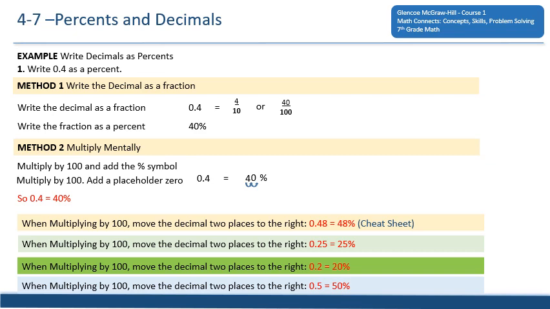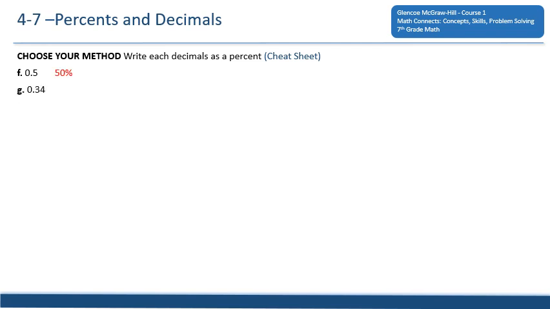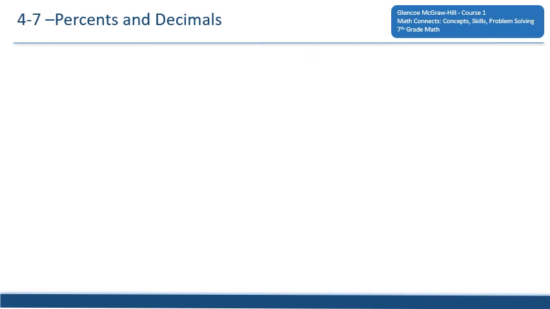When multiplying by 100, move the decimal 2 places to the right, so 0.5 equals 50%. Write each decimal as a percent. So 0.5 is 50%, 0.34 is 34%, 0.98 is 98%.